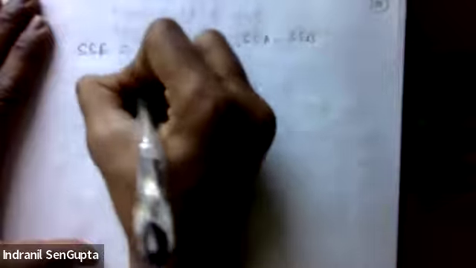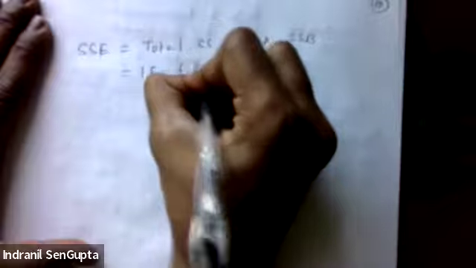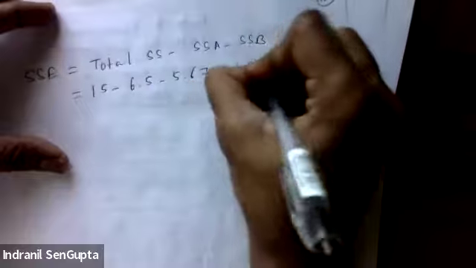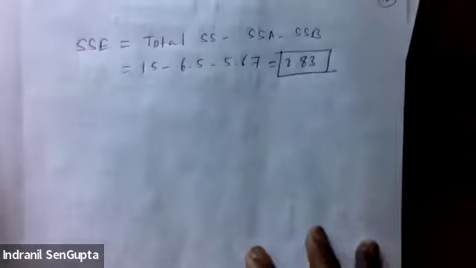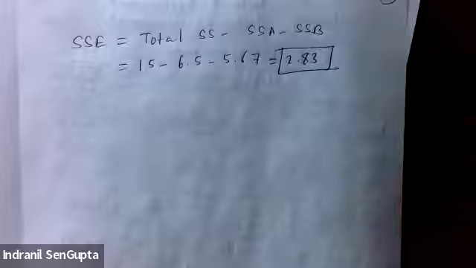So it is 15 minus 6.5 minus 5.67. We are just subtracting these two numbers from 15. And what we get is 2.83. Sorry, that is the SSE.